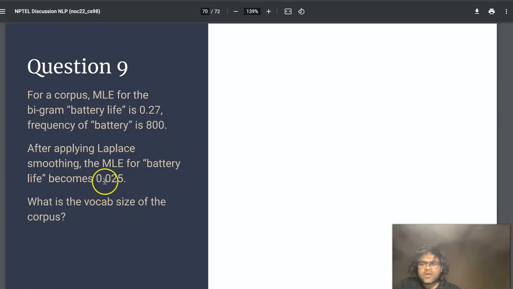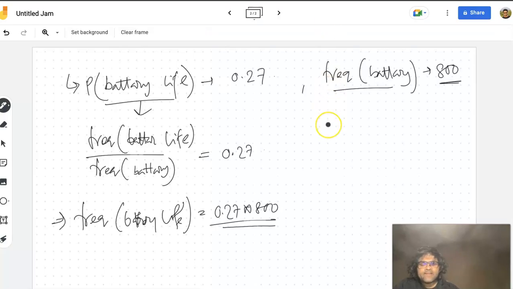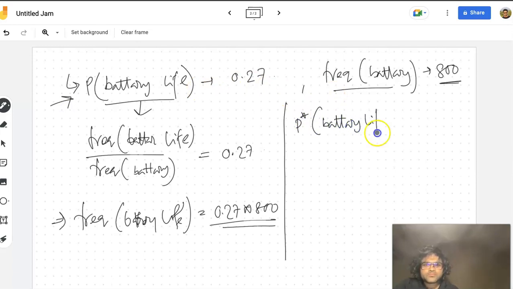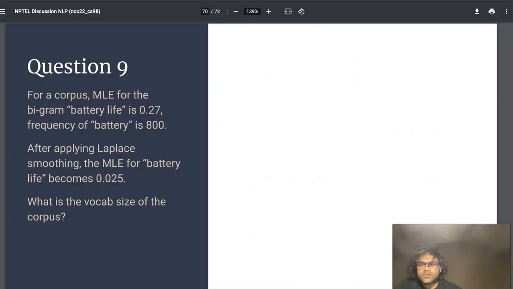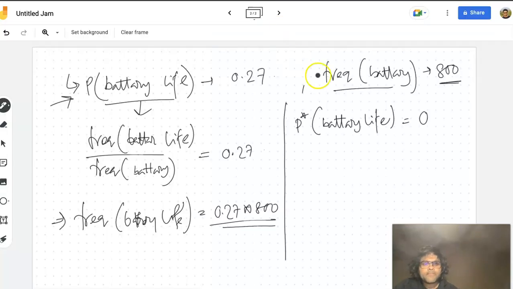I'm writing it as P star of "battery life", just to indicate this is after the smoothing. P star of "battery life" is 0.025. Now they are asking what is the size of the vocabulary.